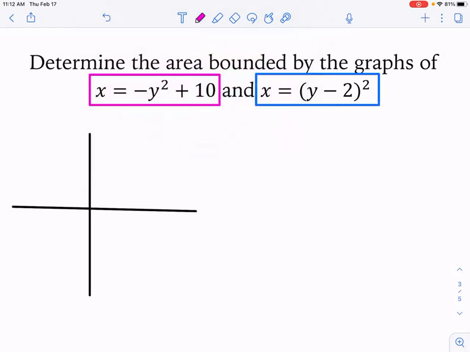So everything is inverted in terms of our shifts. So if we had y equals negative x squared plus 10, that would be a vertical shift up. But in this case, we are going to consider it a horizontal shift right.